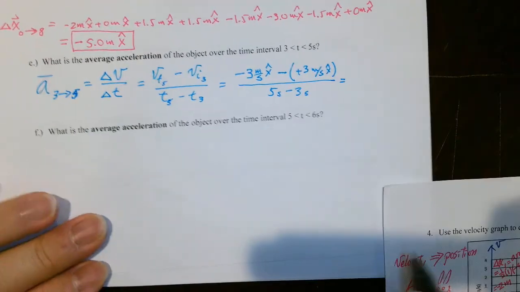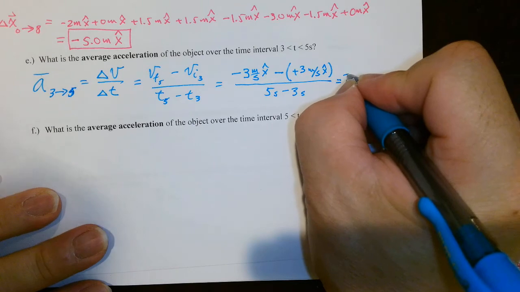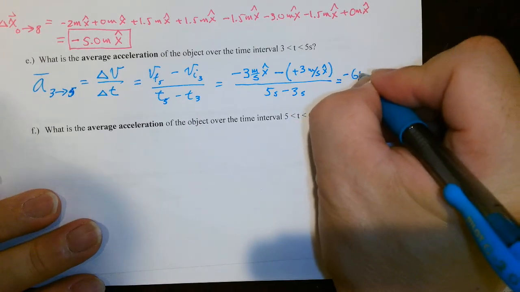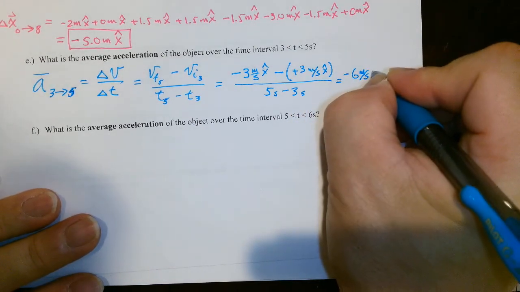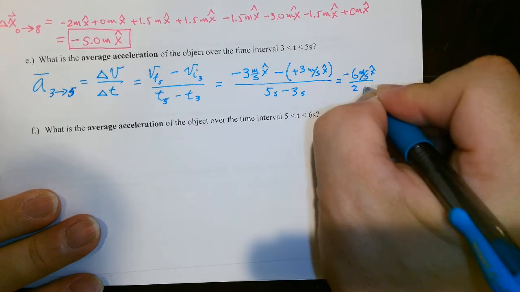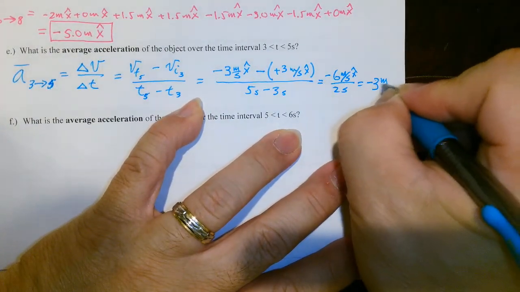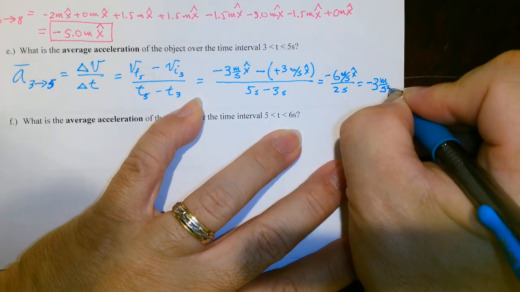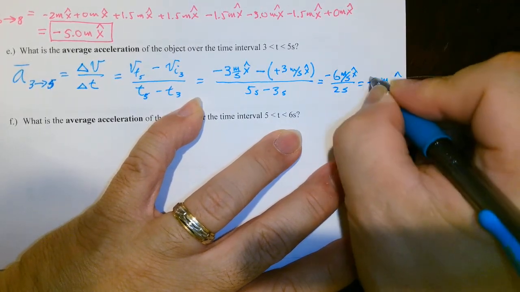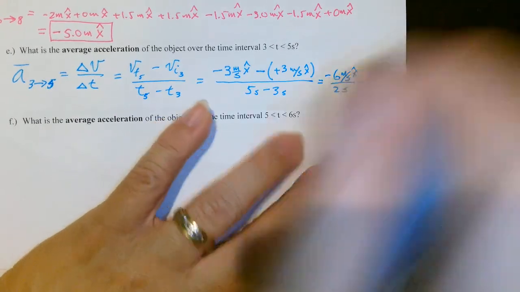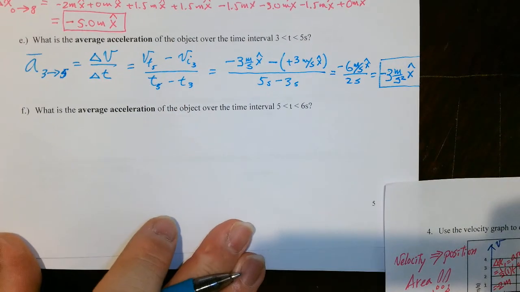So this gives us negative 6 meters per second x hat over 2 seconds. Therefore, negative 3 meters per second squared x hat is the correct answer.